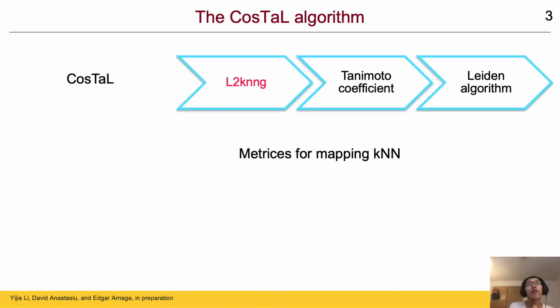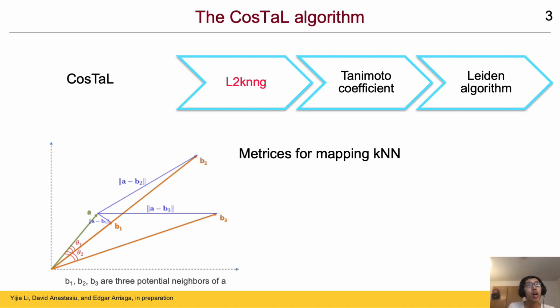So for the first step, which is to map the KNN graph, the fundamental question that comes to our mind is, what kind of metric should be used to map the KNN? So here is a demonstration representing if we are trying to find the neighbors of a vector A, which represents one cell in its dimensional features, and there are B1, B2, and B3 as candidates.